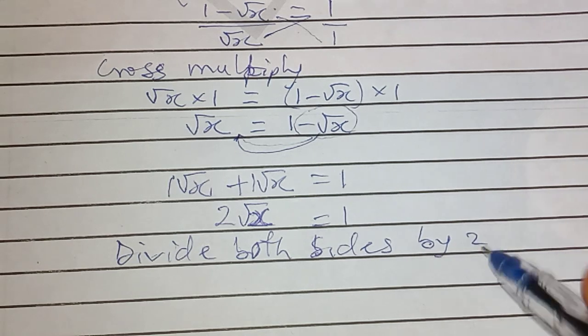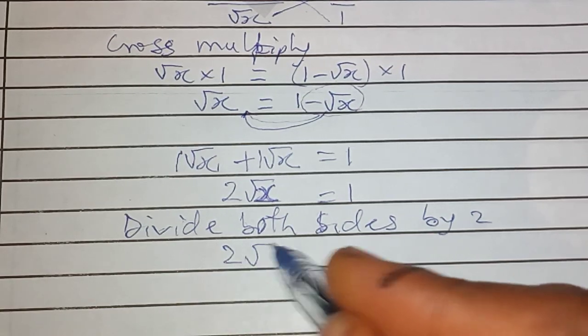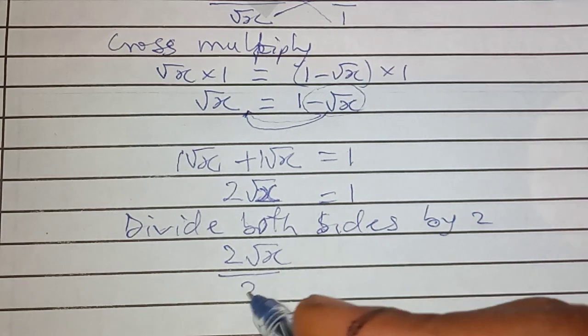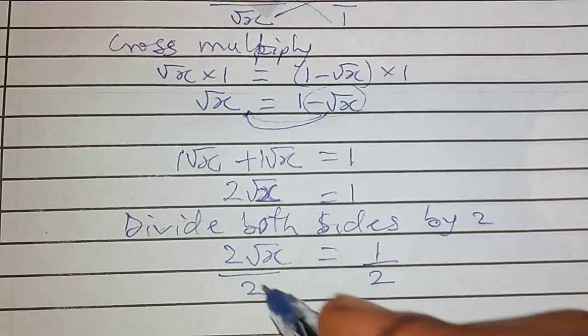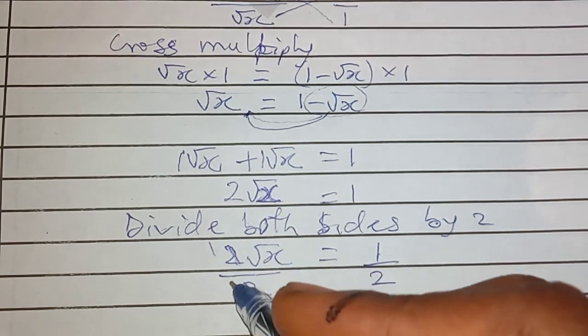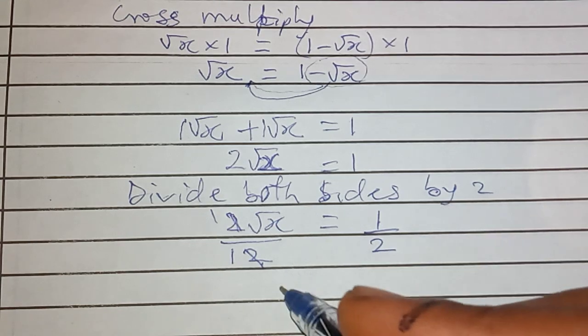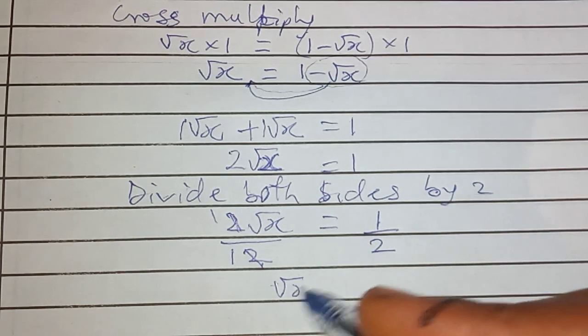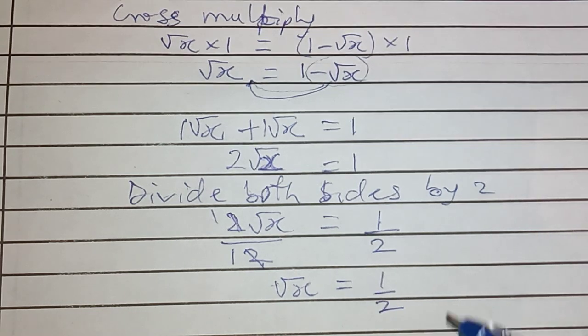So when we do that, we have 2 root x all over 2 is equal to 1 divided by 2. So 2 divided by 2 gives 1. So we are left with square root of x here, which is equal to 1 over 2.